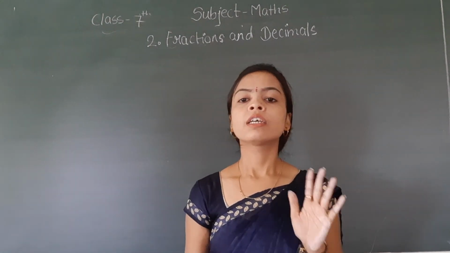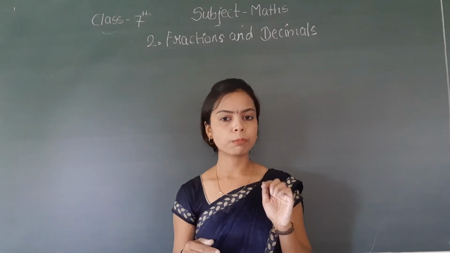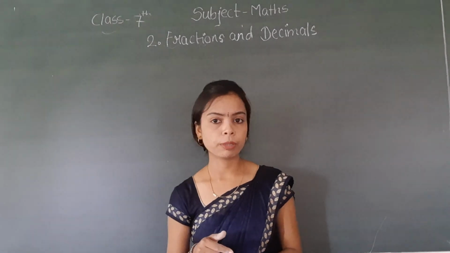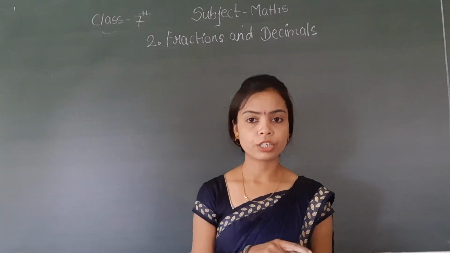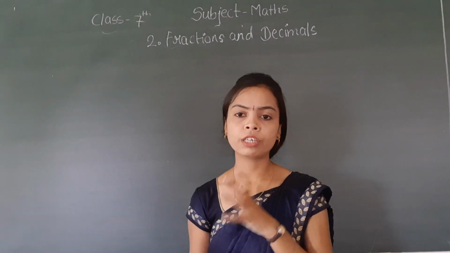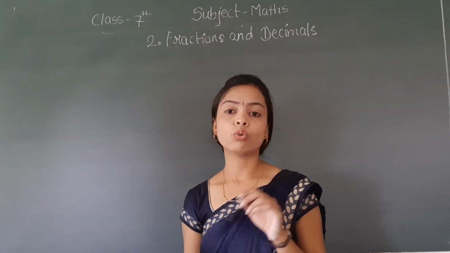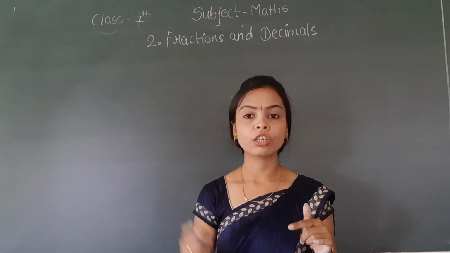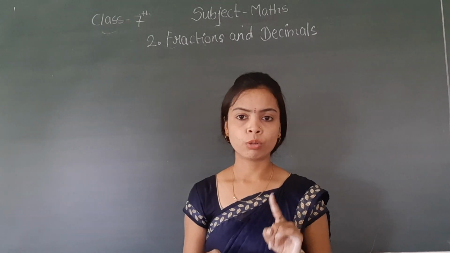After that, same as addition, there is subtraction of fractions. There are some properties also. After that, multiplication of fractions, in which we multiply numerator with numerator and denominator with denominator, and then find the answer. You can apply the cancellation method also. That means you can cancel a numerator and denominator if they have a common factor.